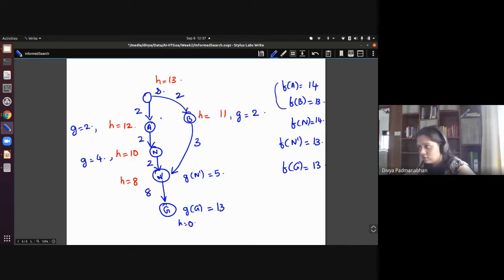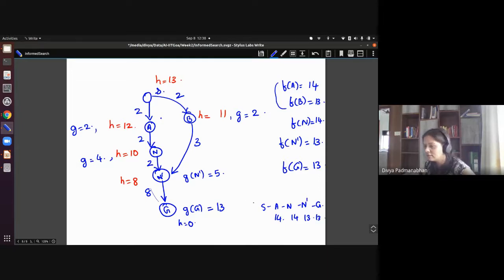So the algorithm works, but if you take the path S, A, N, N dash, G, the f values are 14 for A, 14 for N, and 13 for N dash, and 13.